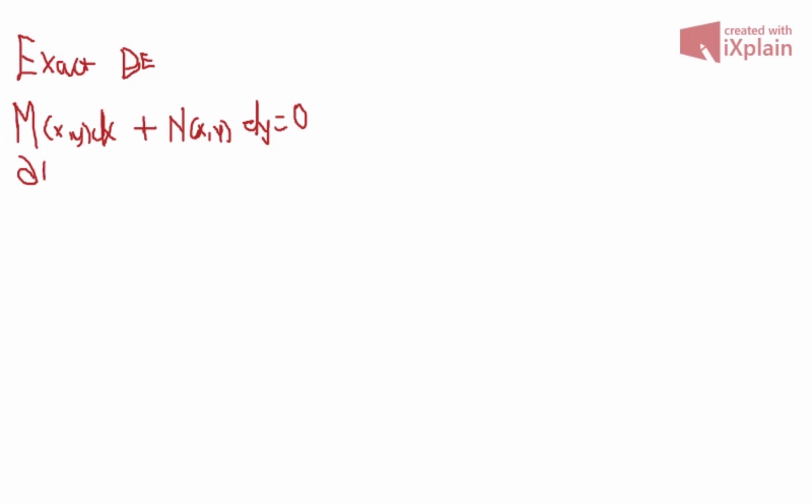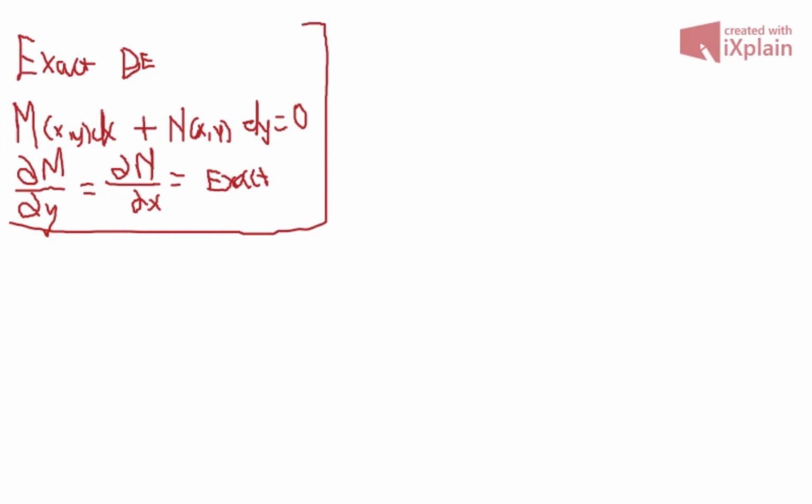If del M over del y is equal to del N over del x, this makes the equation exact. This is basically what you need to do to prove exactness.